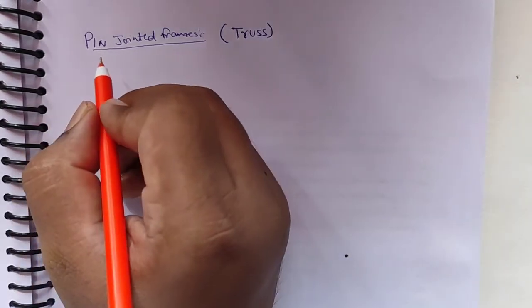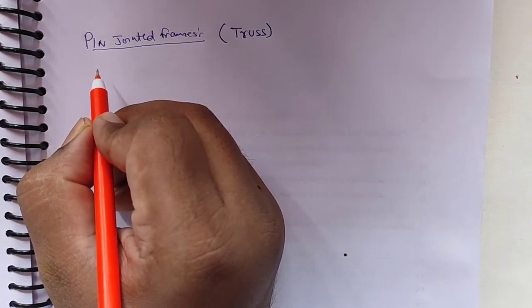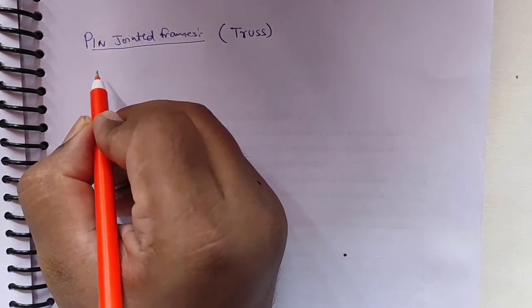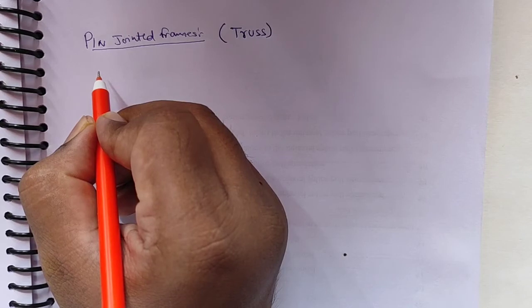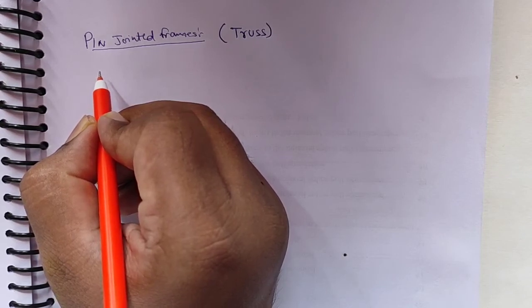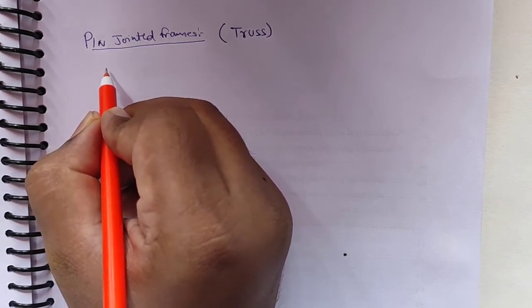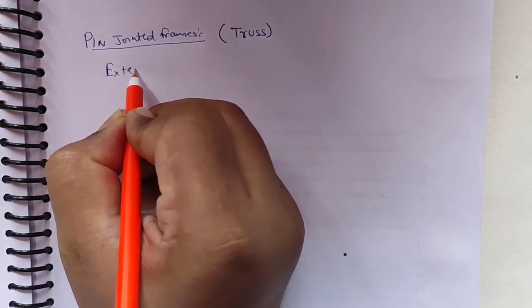Initially we can simply find out the unknown reaction forces, or we can say that if we are able to solve the unknown forces by using equilibrium equations, then we get external indeterminacy.